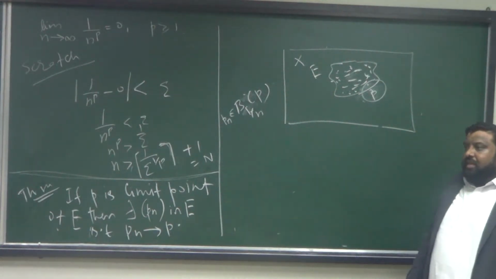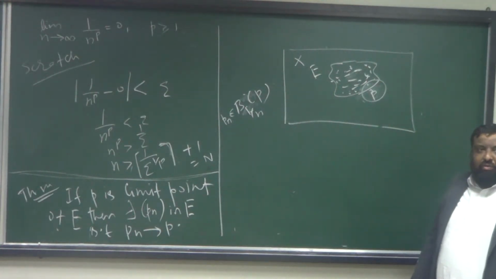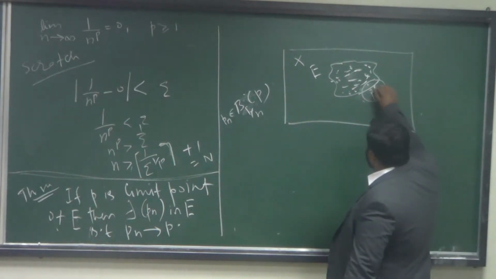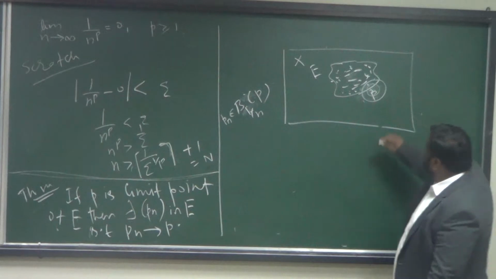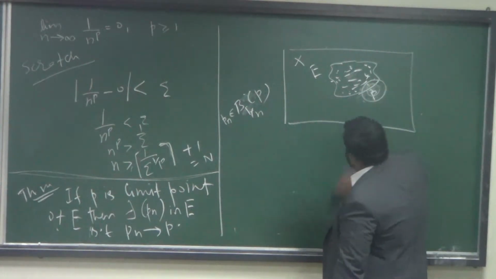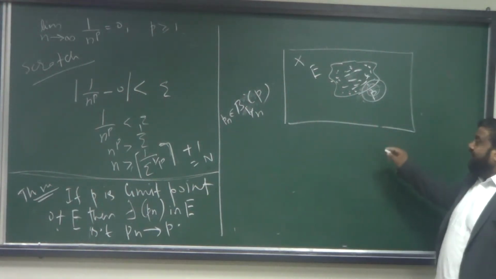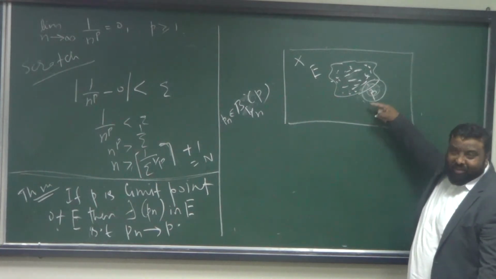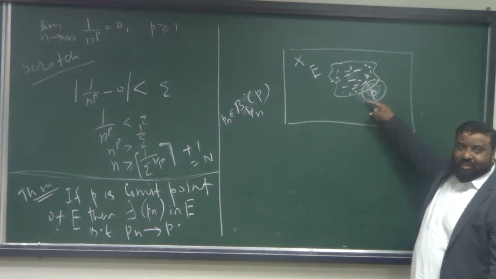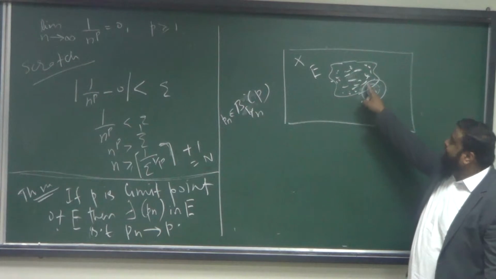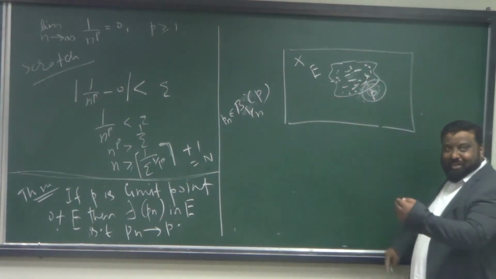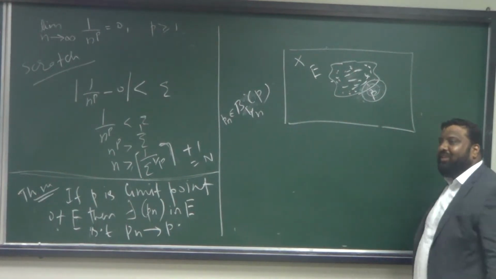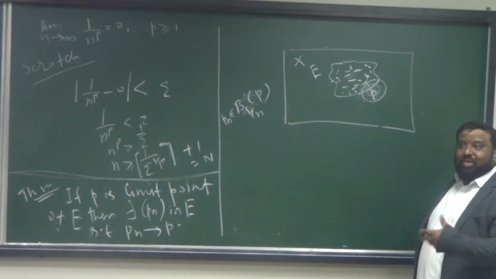Then I'm drawing a ball of radius 1/2, which is going to be smaller, and I'm choosing a point from here. Then I draw another ball and take another point from it. Can you see that these points are going to get closer and closer to P? We can make them as close as we want.